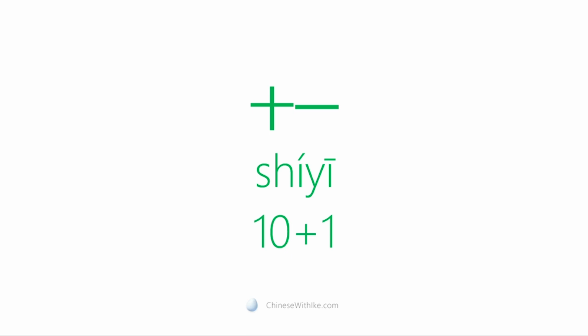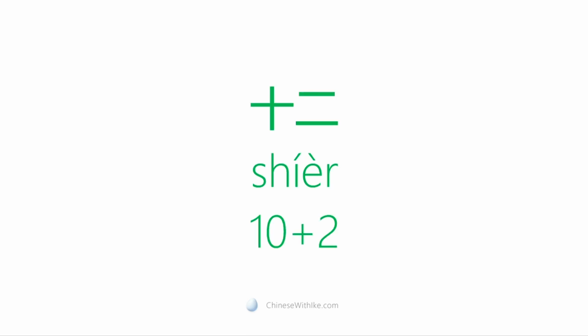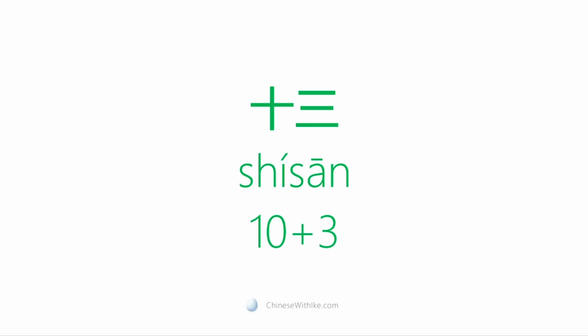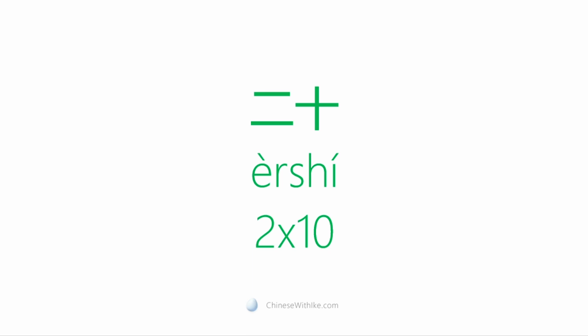And 12 is the same logic. 十二. 十三. And 20 in Chinese is simply 二十. Just like 2 multiplied by 10 is 20, right?